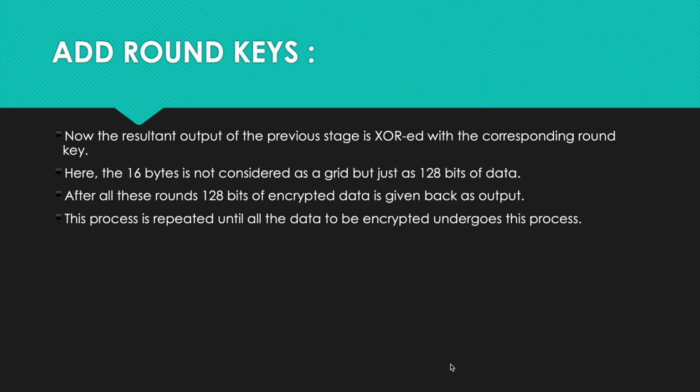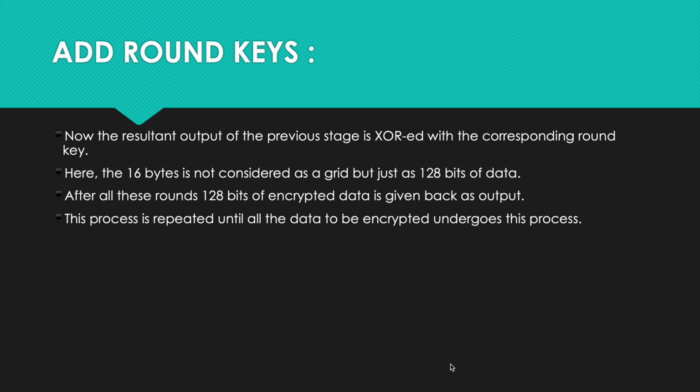Add round key. Now the resultant output of the previous stage is XORed with the corresponding round key. Here the 16 bytes are not considered as a grid but as 128 bits of data. After all these rounds, 128 bits of encrypted data is given back as output.